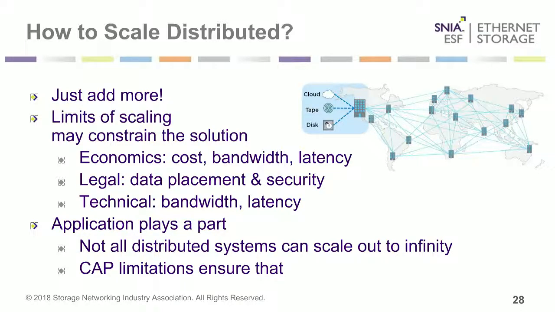Economics, you've got cost. Scaling can be a really expensive proposition, especially where geography is involved, and you have to pay for your bandwidth, and you have to pay for low latency, as far as you can physically get low latency, that is. You've got legal issues, you maybe have data placement issues. Quite a lot of data that we collect nowadays has actually got some legal requirements as to data placement, and there are two pieces of legislation that make a big difference here.